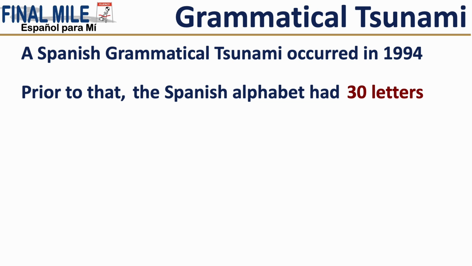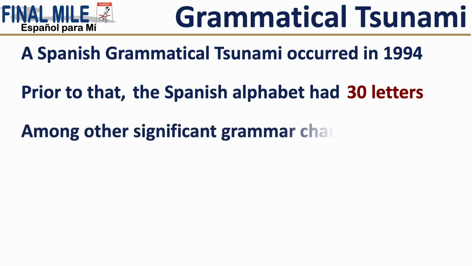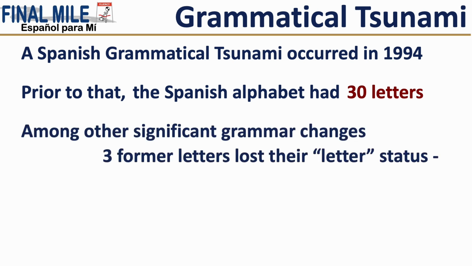This sounds pretty drastic, doesn't it? What happened? How did the language lose 3 letters? How did the words change? Well, they just simply lost letter status. And there were many other significant grammar changes, okay? But the one that we want to talk about here is that 3 former letters lost their letter status.